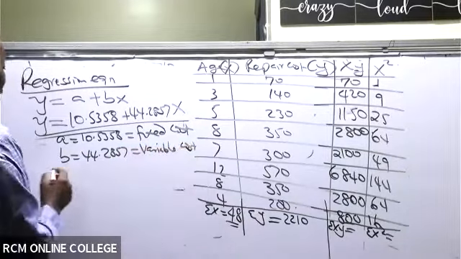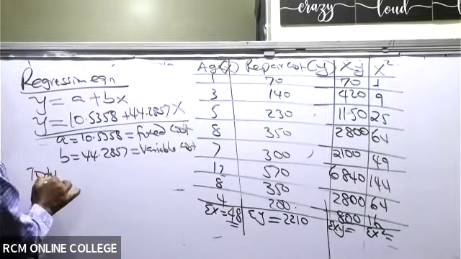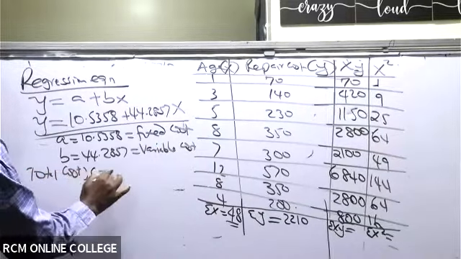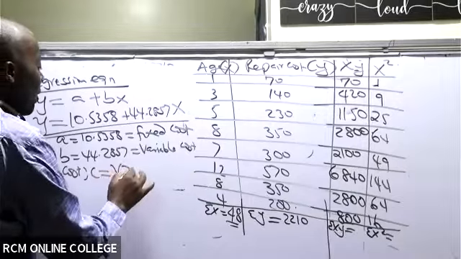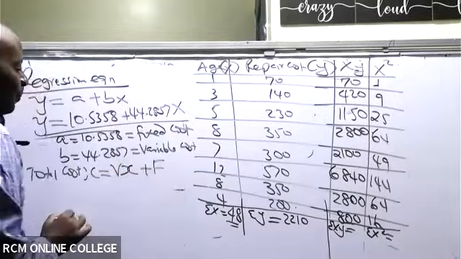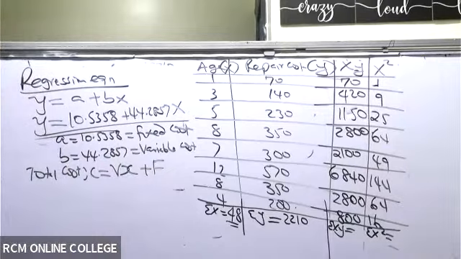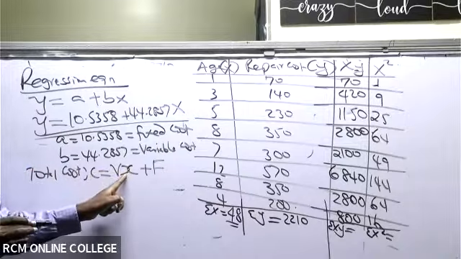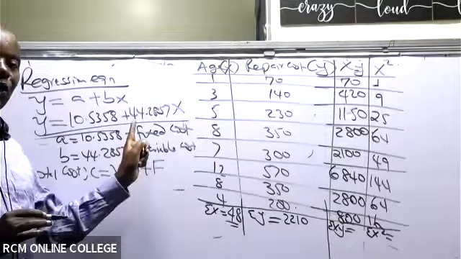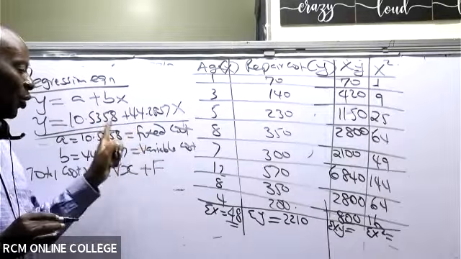Ladies and gentlemen, remember generally our total cost C equals Vx plus F. The one that has got X here is what varies, so this is variable cost.